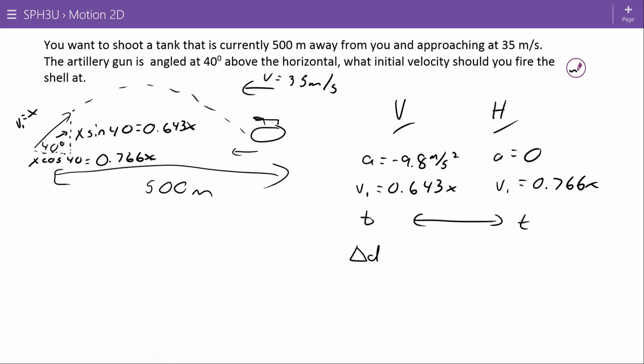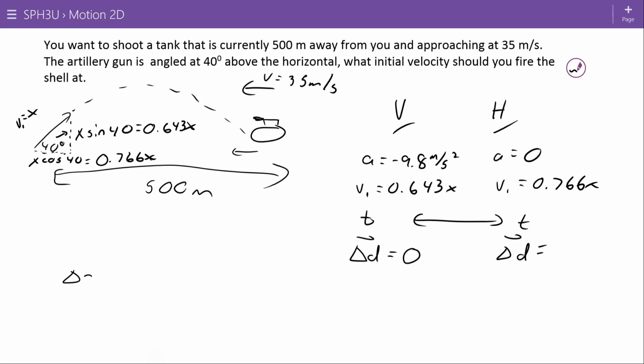And the displacement in the vertical direction, this one we know exactly. If it goes up and comes back down to basically the same height, we're going to assume it has a displacement in the vertical direction of 0. And the displacement in the horizontal direction. This is probably the trickiest little part of this, but we can figure it out looking at the problem and thinking about it.